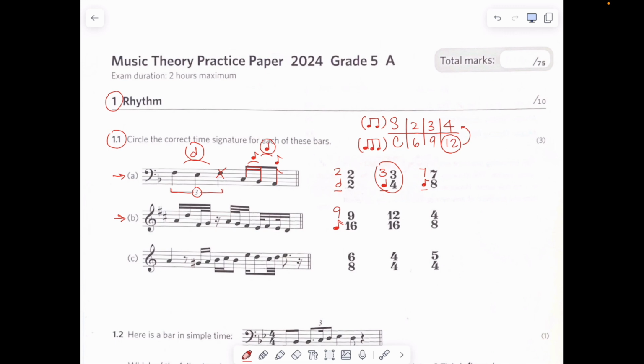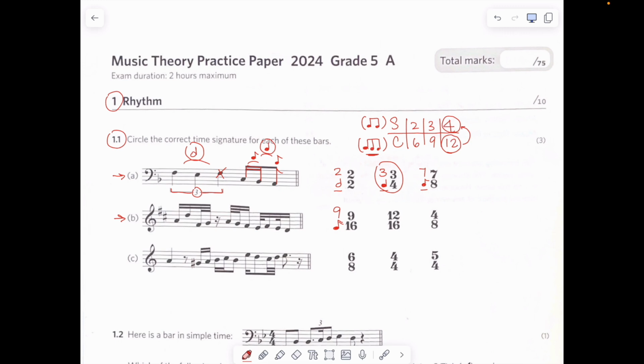But what you need to do is think that for those 12 quavers, for example, because they are grouped into 3, you will end up having how many sets of three quavers. 12 will make 4 sets of three quavers. So 12 as a top number in compound time is actually 4 beats.